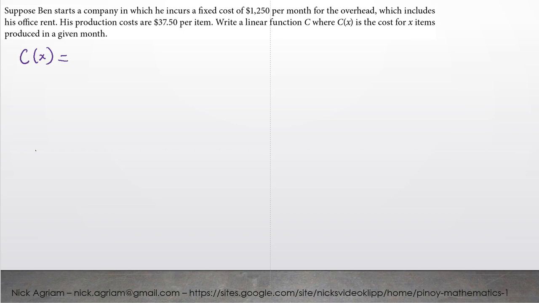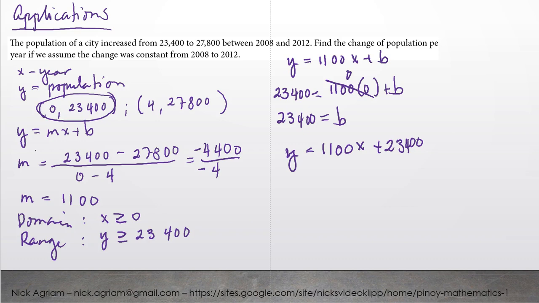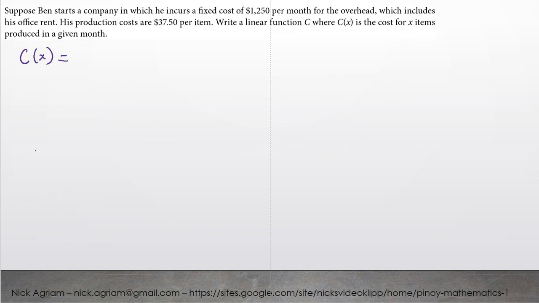And then we have the cost of 37.50 per item and a fixed cost of $1,250. Then we are finished with that.